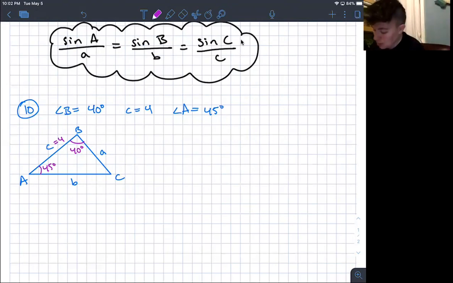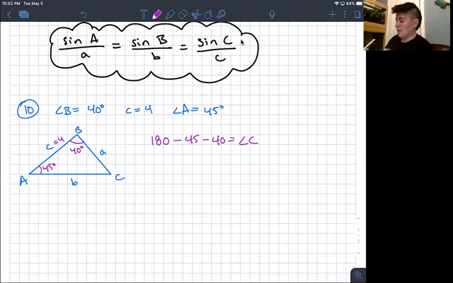So what I can just do is say, 180 minus 45 minus 40 degrees should be equal to the measure of angle C. So then I can get my calculator and calculate this. 180 minus 45 minus 40 degrees is in fact 95 degrees. So 95 degrees is equal to angle C.